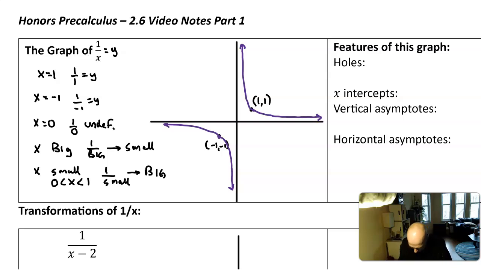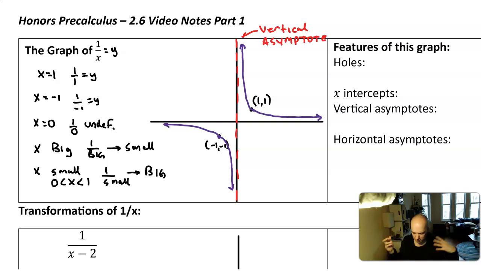So this vertical axis, we sometimes draw a dashed line here. And because when we plugged in 0, we were undefined, we call this a vertical asymptote. I think you've probably seen the word asymptote before, but in case you haven't, it's just a line that's not part of a graph that a graph gets closer and closer to.